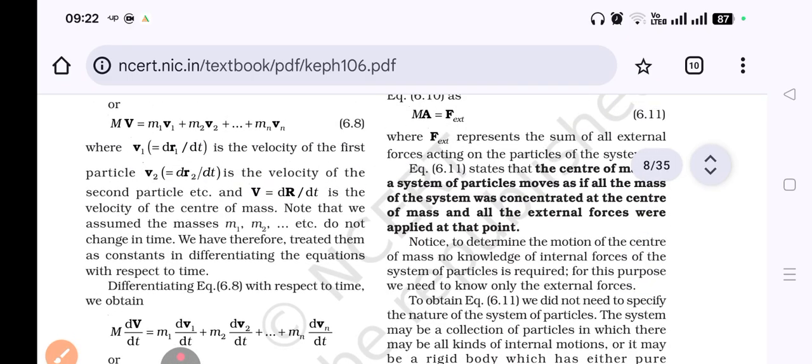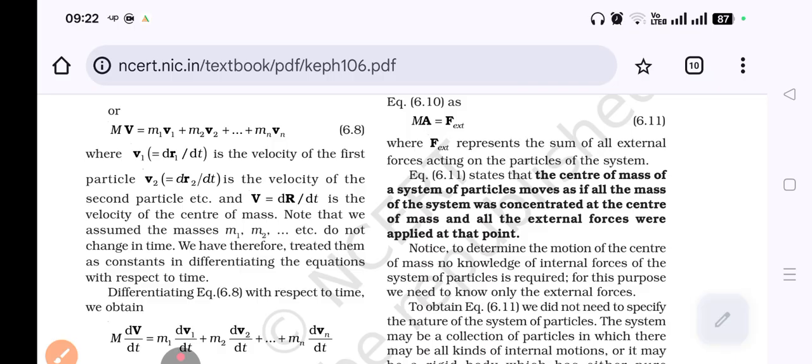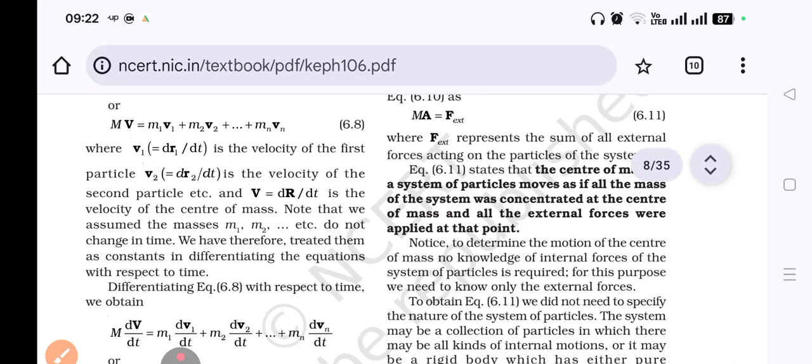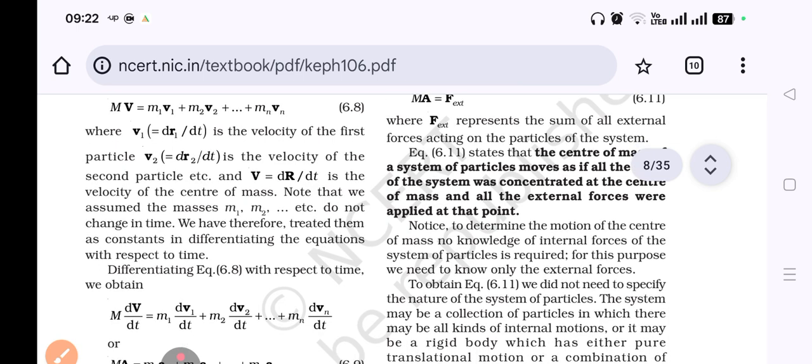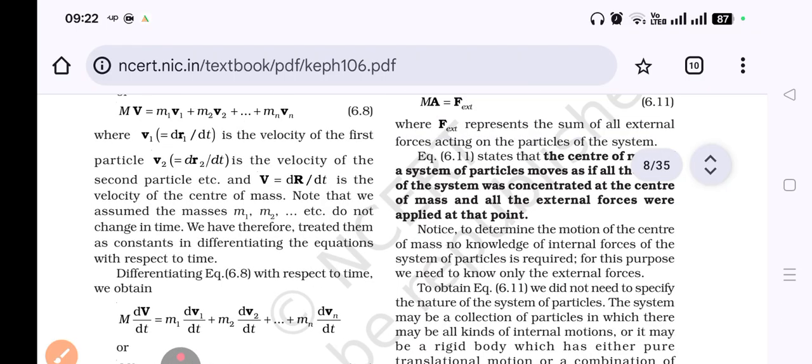Just read this line that is written in bold. This is very important, and I want you to understand it. Read it again and again. It says, the center of mass of a system of particles moves as if all the mass of the system was concentrated at the center of mass, and all the external forces were applied at that point.